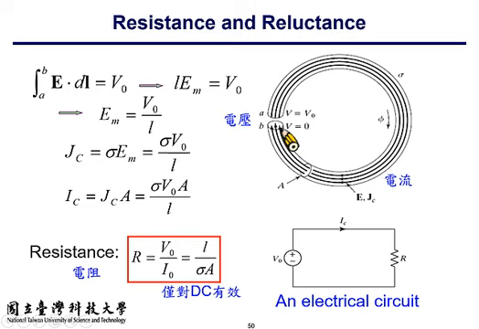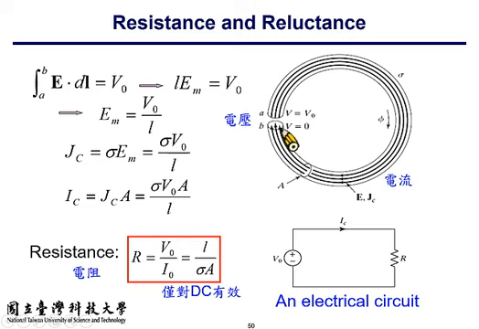So for this circuit, the resistance can be expressed using the geometry parameters, such as L, and A, the cross-section area of the conductor core, and the conductivity of the material. However, this expression, even though you are familiar with it, is only good for DC condition.